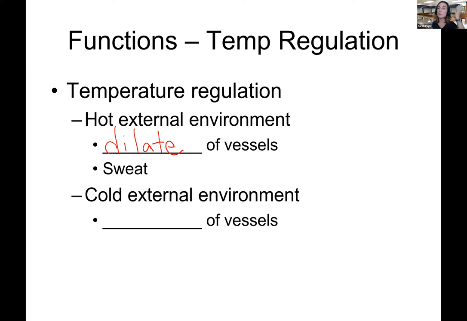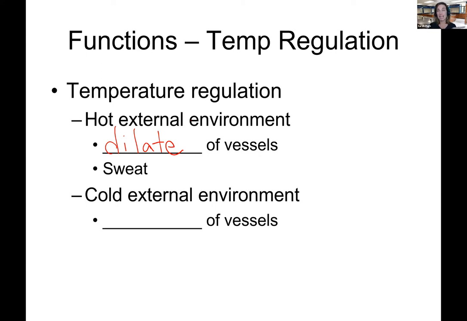And so when the blood vessels on the surface of your skin dilate, a lot of times your skin will get warm to the touch. It'll also get flush, right? Like your cheeks would get flush and get more red because you're pumping more blood to the surface of your skin. And you're doing this to help evaporatively cool your body, right? You're also sweating. So your skin is sweating to help cool you off as well.